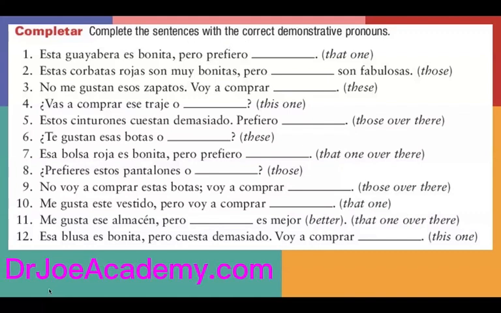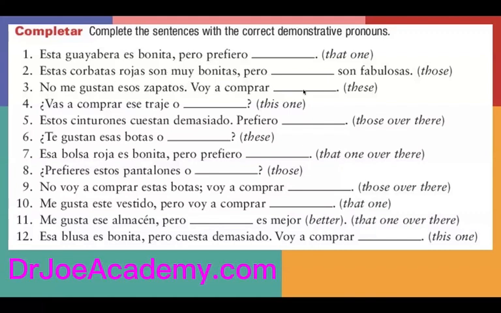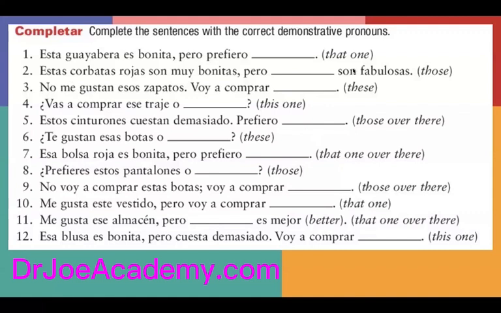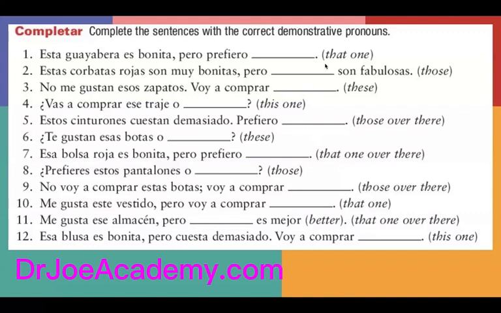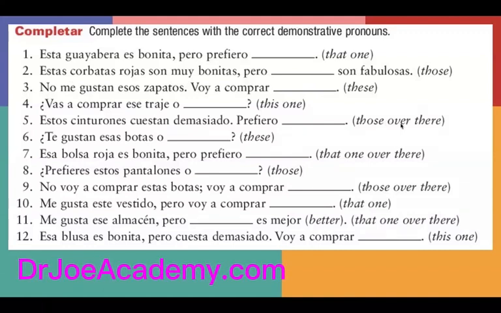All right, let's take a look. So, yes, number 1 is esa. Number 2, esas corbatas rojas son muy bonitas, pero those, muy bien. So, aquellas, technically, it wouldn't be aquellas because we're just saying those fabulous shoes. So, look at the other brackets. For example, number 5 says those over there.